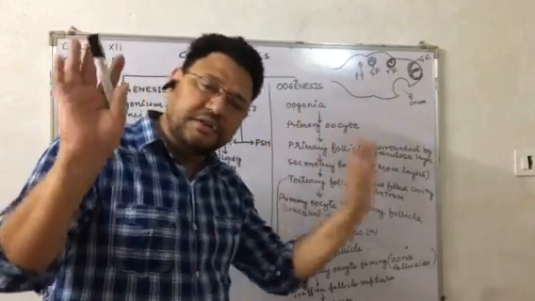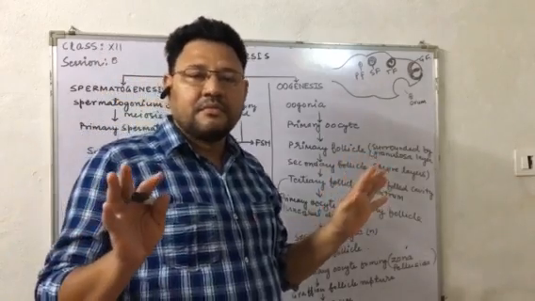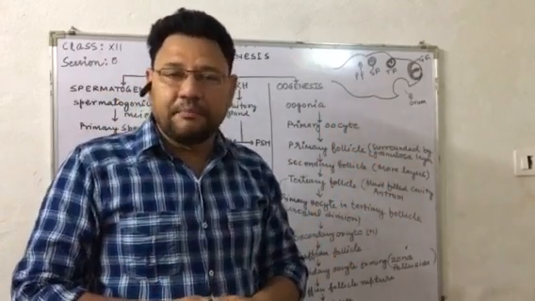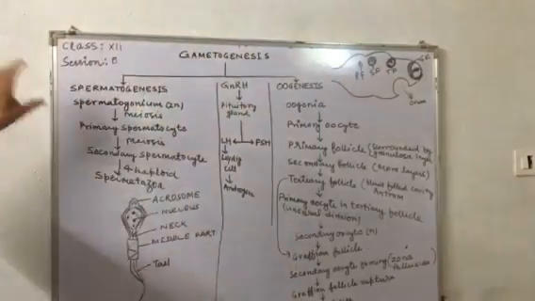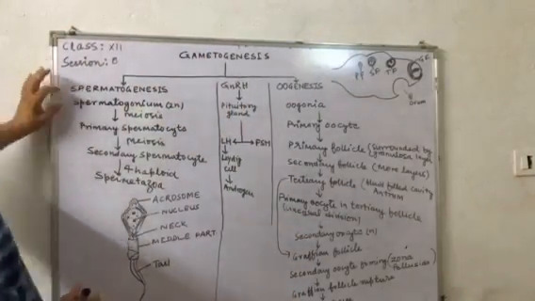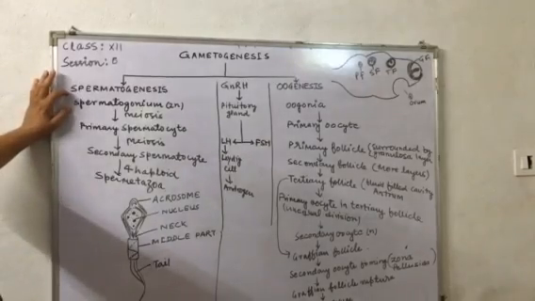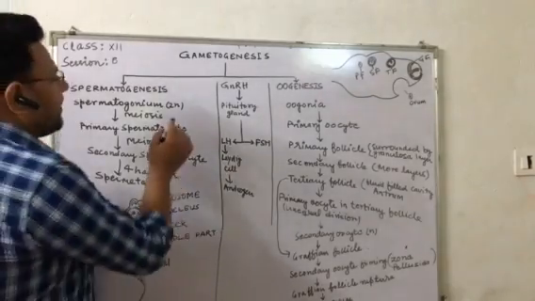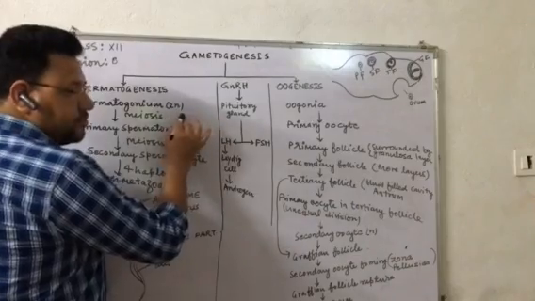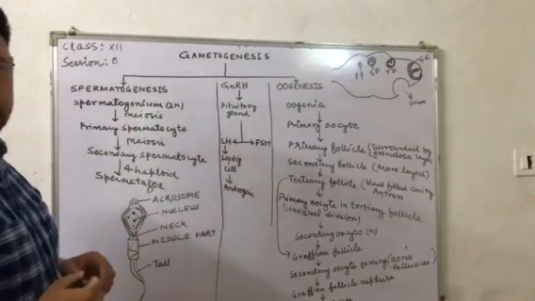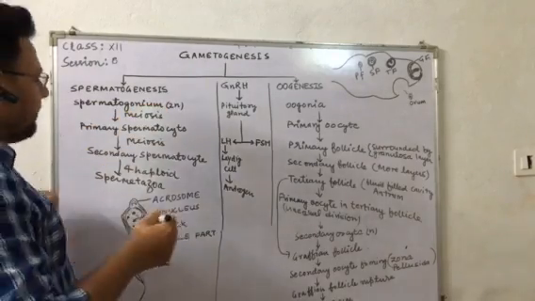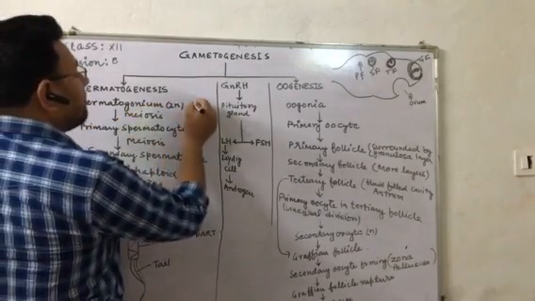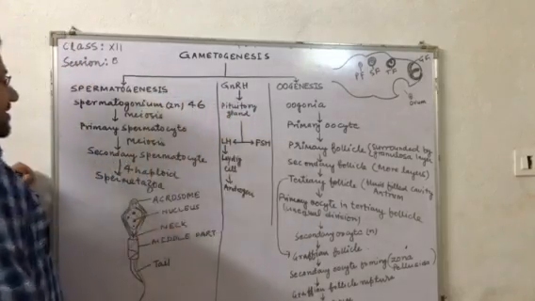It is already present in them during their embryonic development. Then this spermatogonium, you can see I have written here 2n. This 2n means the number of chromosomes here will be 46.